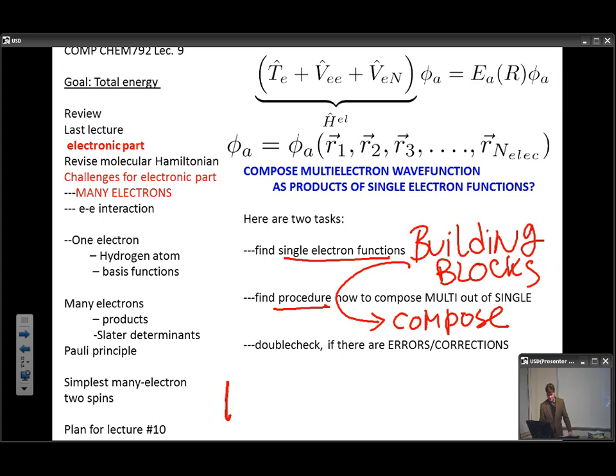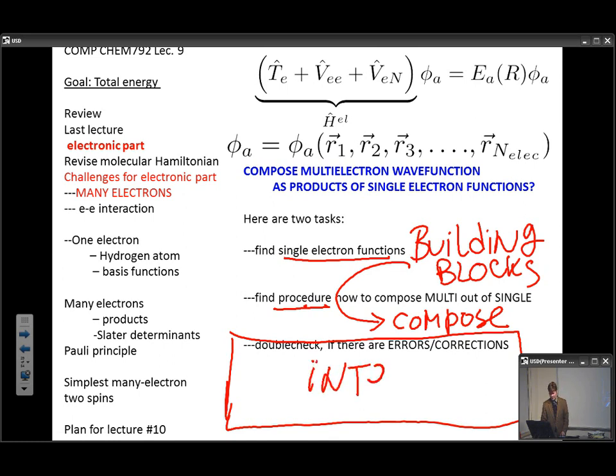And this is the biggest part that is not solved, but there are several researchers who design better and better methods to address this challenge. So: single electron, compose products, and then take into account the interaction of electron to electron.